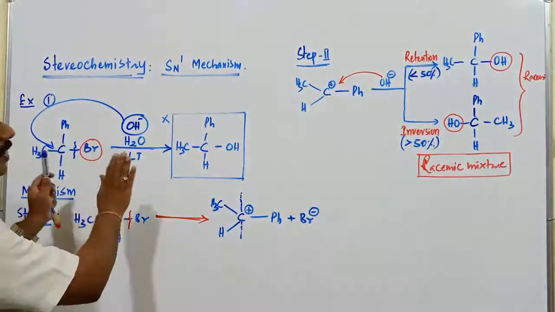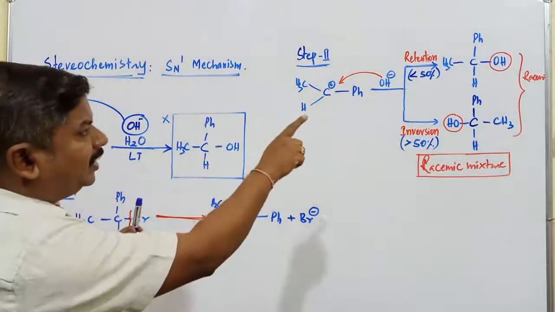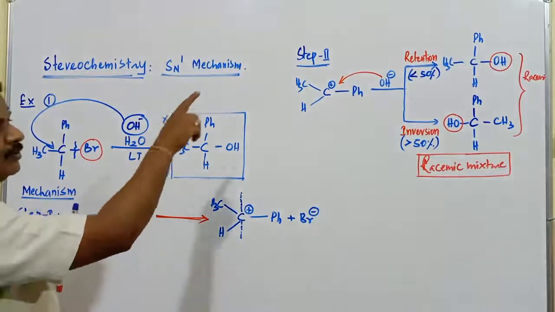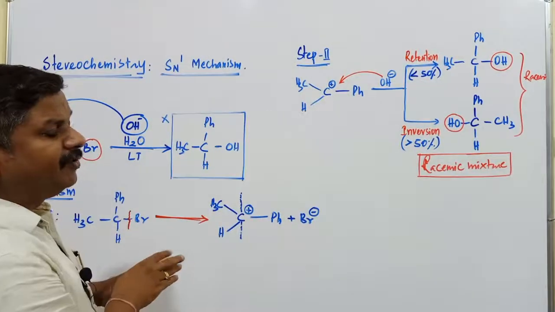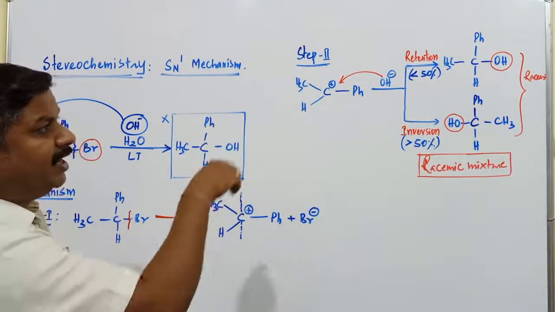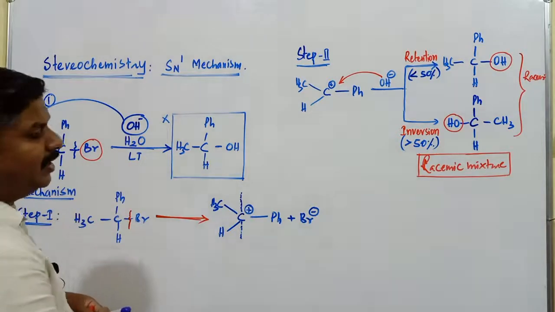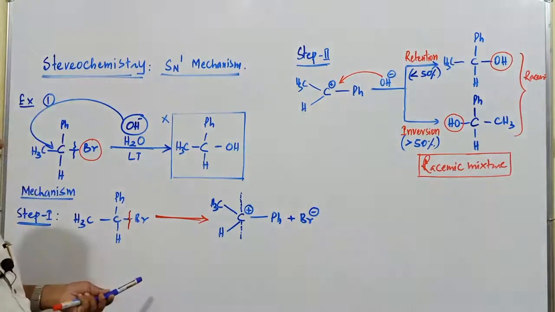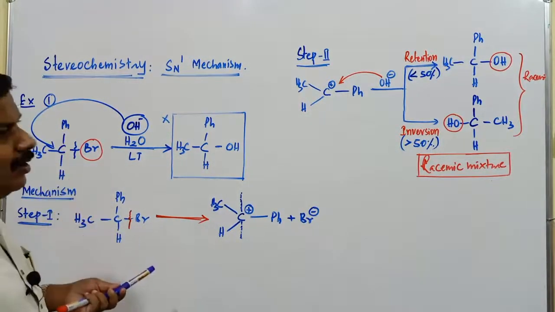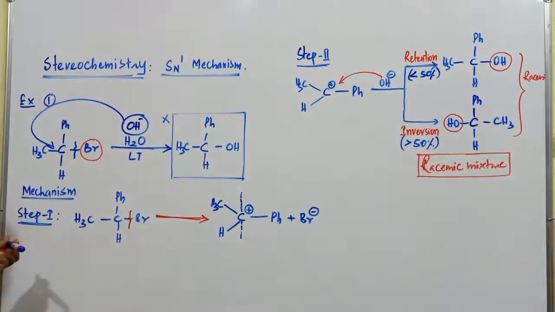This is one simple example of how the SN1 mechanism proceeds through the formation of a racemic mixture, that is retention of configuration as well as inversion of configuration. Now in addition to this, if you observe the configuration, that is stereochemistry, whether it has R configuration or S configuration, relate it to the original molecule.